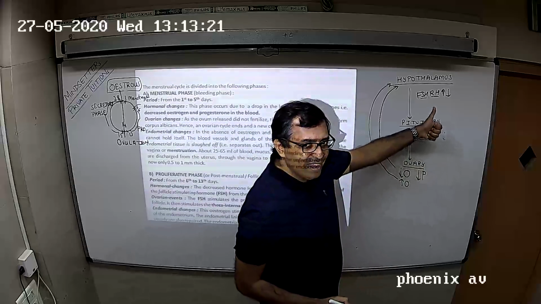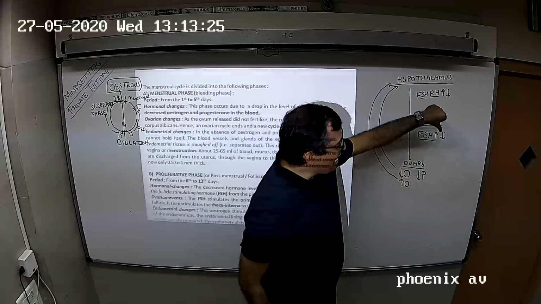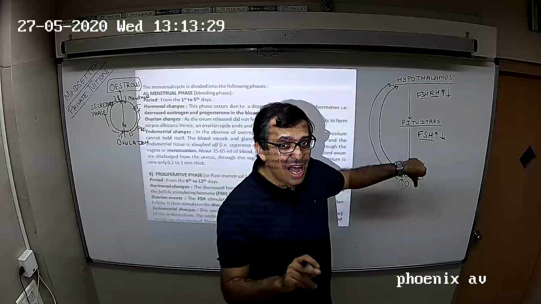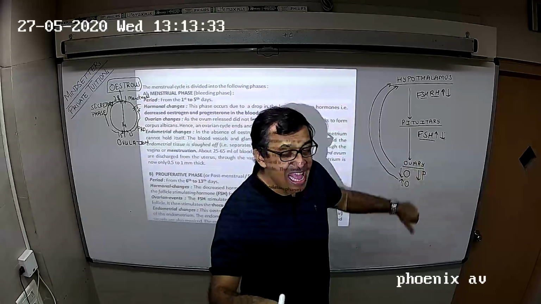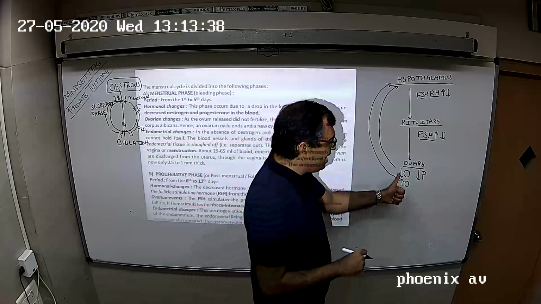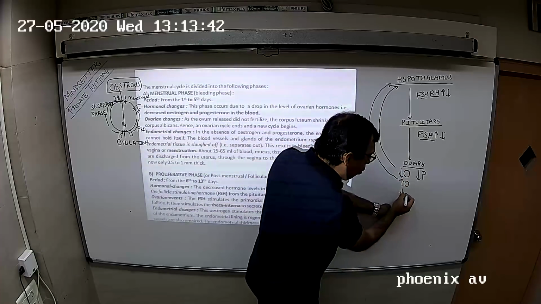So pituitary will stop giving FSH, and in the absence of FSH, theca interna of the secondary follicle does not get stimulated. It stops giving estrogen, and the level of estrogen starts becoming low.